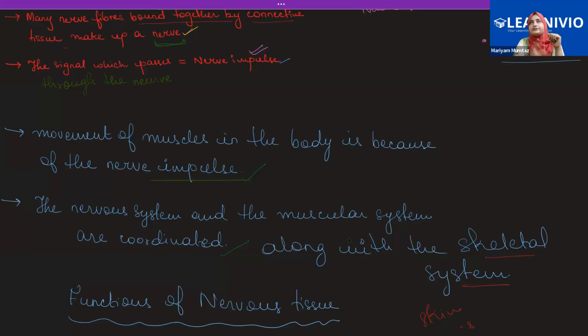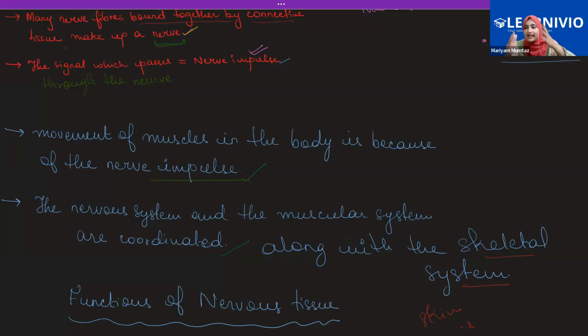For example, you are running. When you're running, you are using your legs. Your legs have bones, your legs have muscles. Now, after running for a really long while, you start feeling pain in your leg, isn't it? Why do you understand your leg is paining? Because of the nervous tissue, because of the neurons.